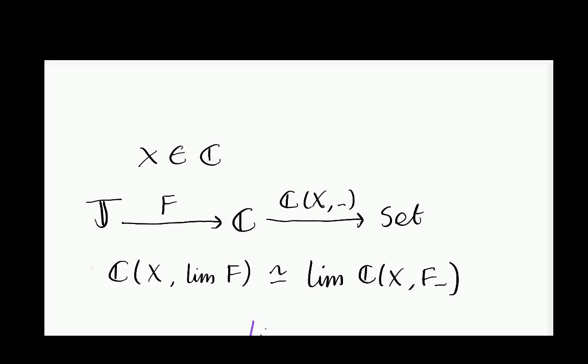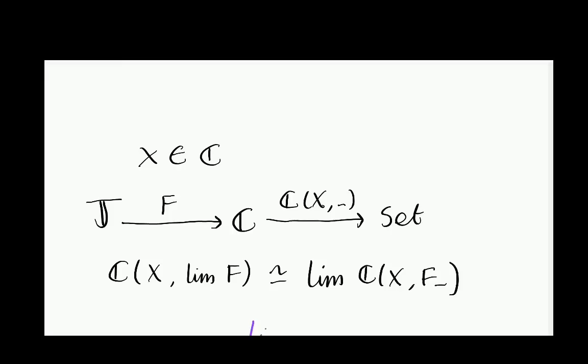But why this would be of independent interest: if you want to understand the limit of this functor F, then a good place to start is to understand the X-shaped elements of the limit of F. In other words, if you know about the arrows from X to lim F for every X, then you know a lot about the limit of F. For example, if you're in the category of graphs, you could take X to be a single edge, and then you understand what the edges in this limit graph are, and so on.